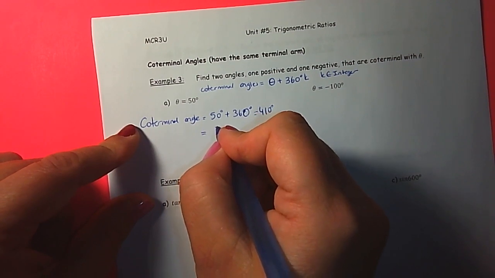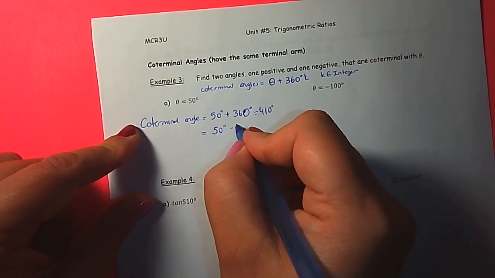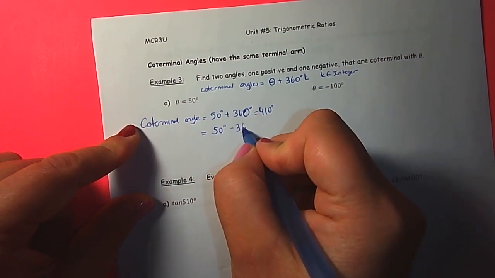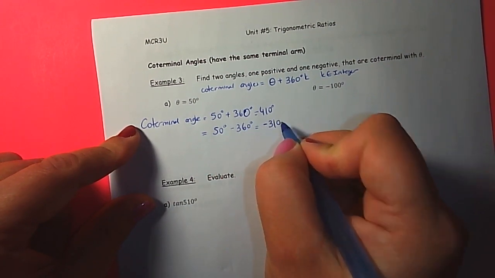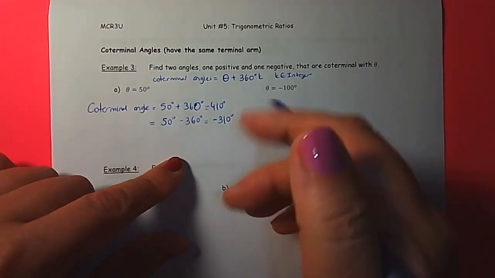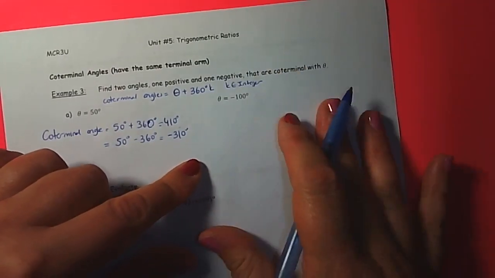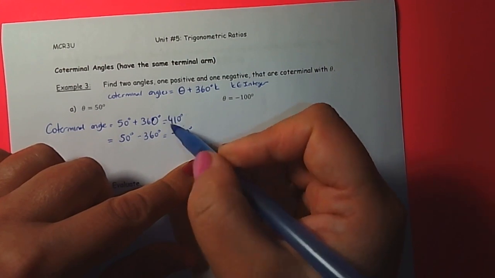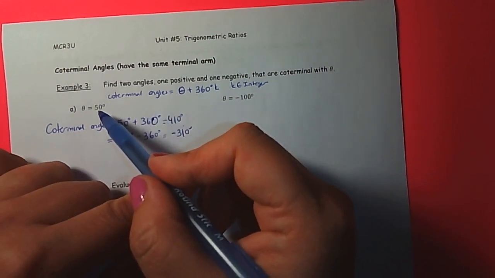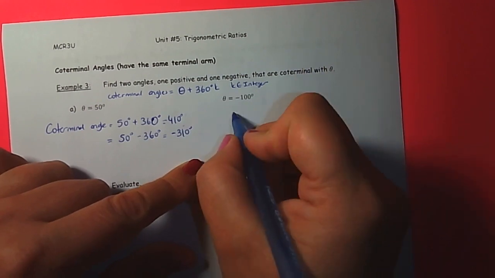Or we can subtract 360 or any multiples of 360. In this case, I have negative 310 degrees. So those are again 410 and negative 310, which are coterminal with 50 degrees.